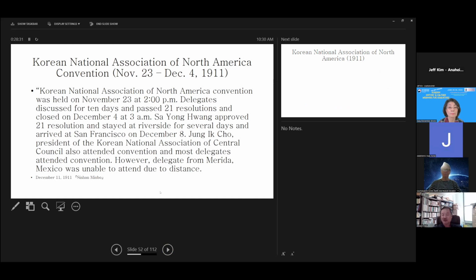In other words, the Korean National Association was modeled after democratic republicanism, and the delegates were elected as representatives. They had their own central council, which acted as a central government, and also a judicial system. So it really established the first democratic principle in 1911, a year after Korea became a colony of Japan, in Pachappa camp in Riverside.